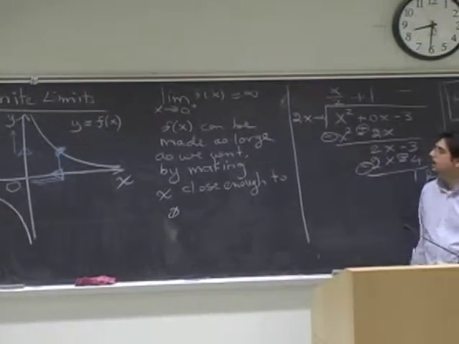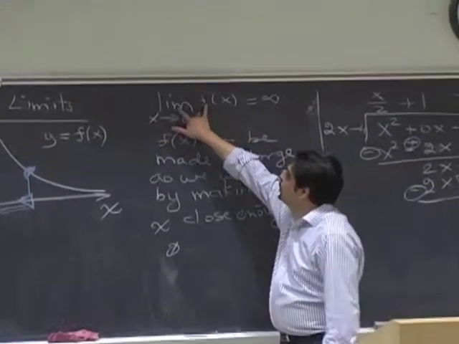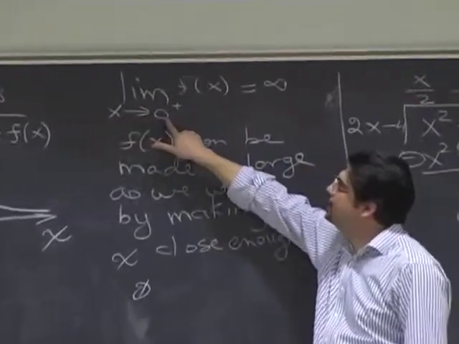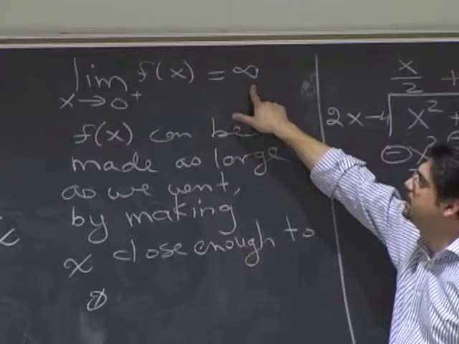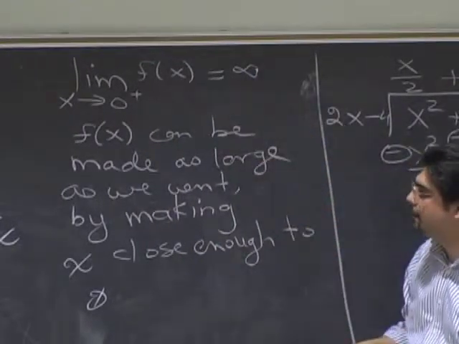Okay? And that's how we write it. When your limit as x approaches a number is infinite, that's described as an infinite limit.